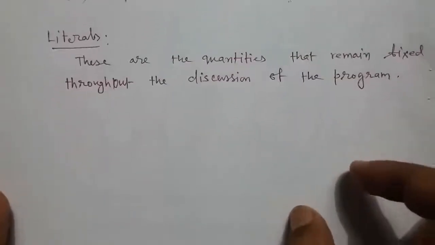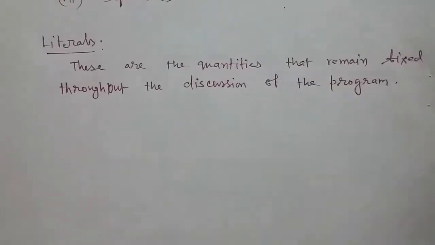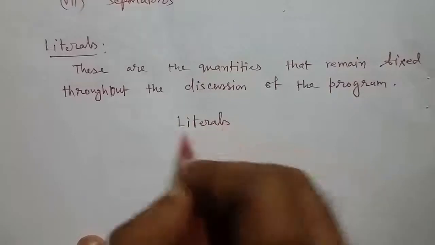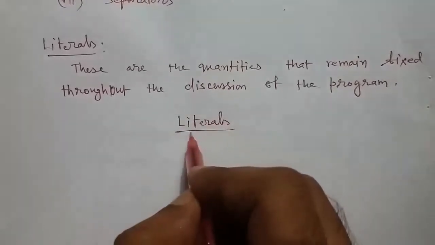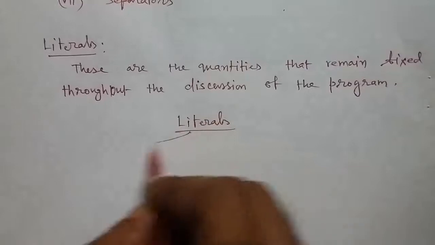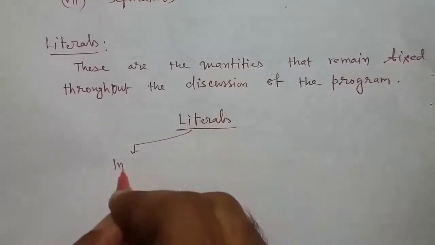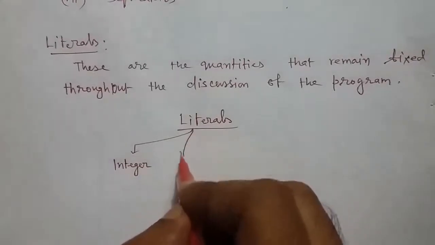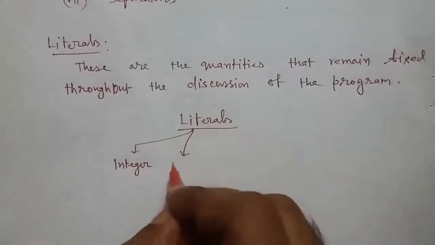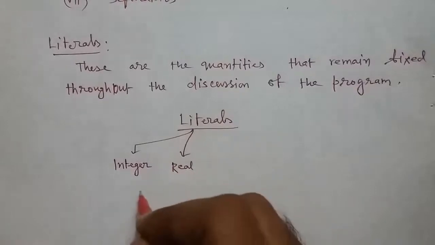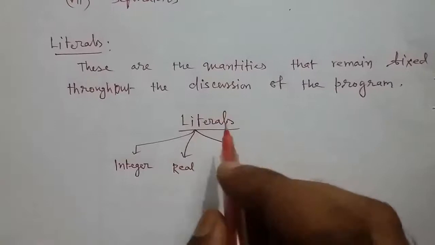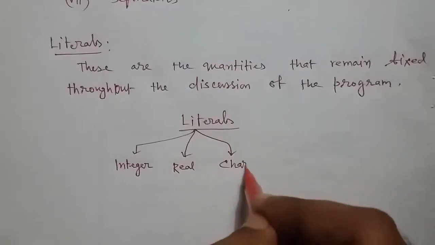Now we will discuss about the various types of literals that are used in Java programming. So literals are how many types? Number 1 is integer literals. Number 2 is floating point or real literals. Number 3 is character literals.